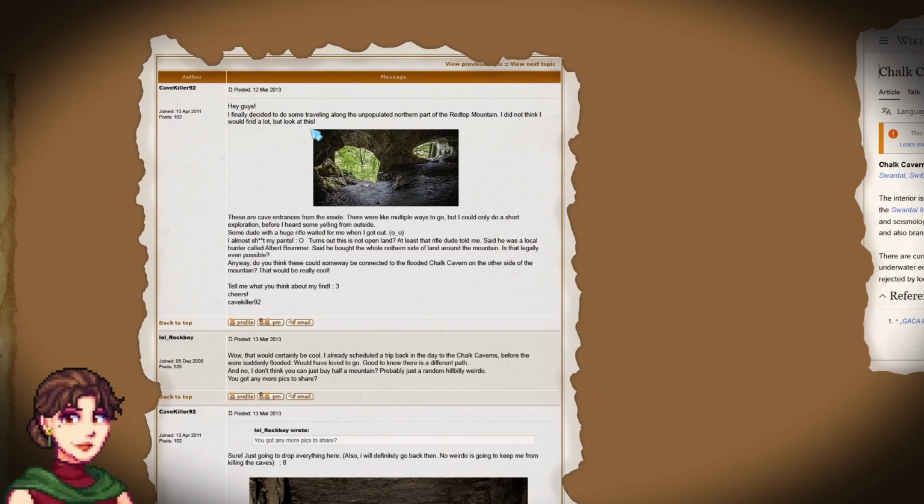Hey guys, I finally decided to do some traveling along the unpopulated northern part of Red Top Mountain. I did not think I would find a lot, but look at this. Okay, cool, we got a cave. Cave entrances from inside, there were like multiple ways to go, but I could only do a short exploration before I heard some yelling from outside. Some dude with a huge rifle waited for me. When was this? 12 March 2013.